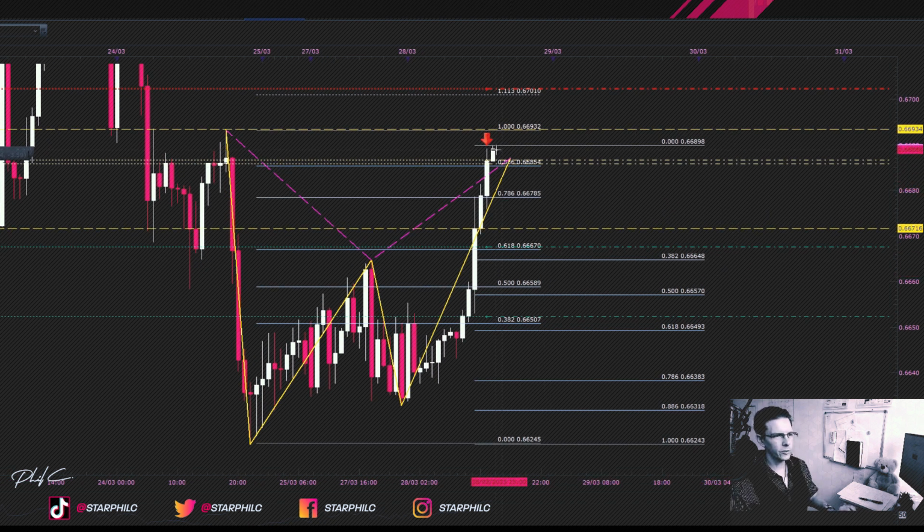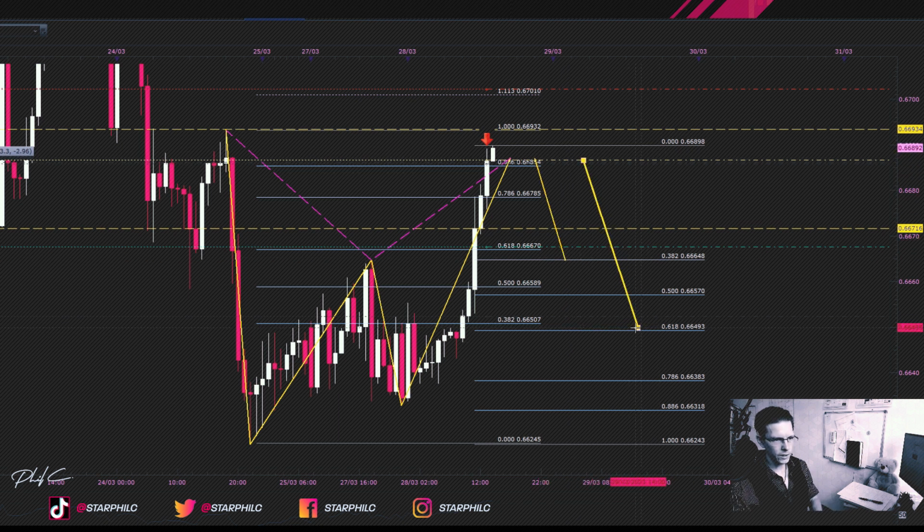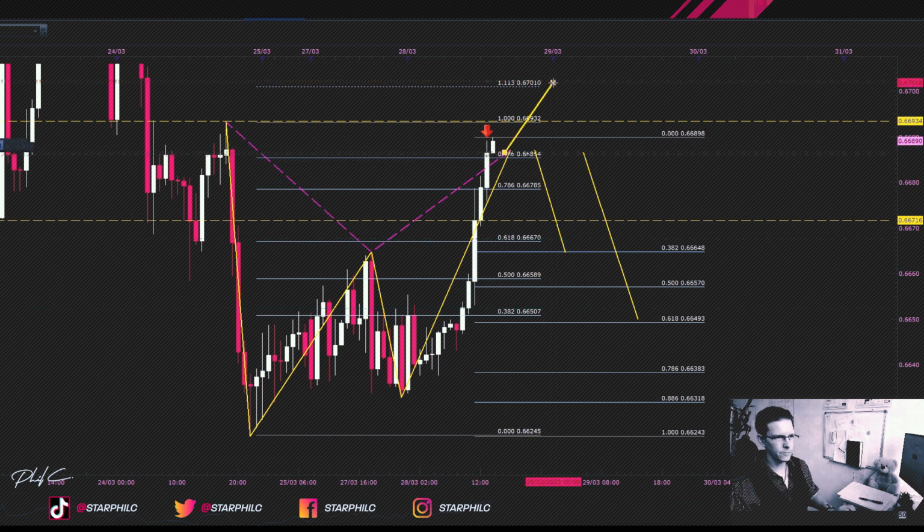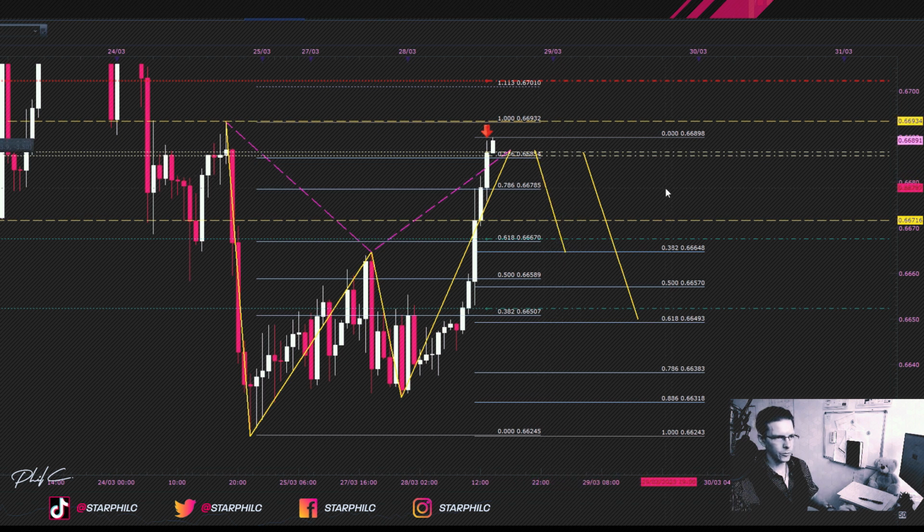I'd like to see, in a perfect world, might get a retracement back down into 382. Let's just do this. 382 for target 1. And maybe if we're lucky, might get a move down into the 618. But yeah, we'll see what happens with the volume of this candle. See if we can hold, or we might move up and get stopped out there.